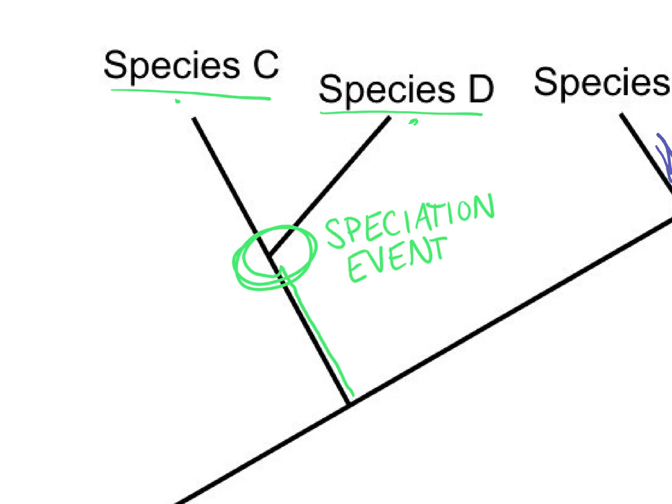A speciation event is when two populations of the same species become distinct enough that they are officially two different species. A speciation event es cuando dos poblaciones de la misma especie se vuelven lo suficientemente distintas como para ser oficialmente dos especies diferentes.